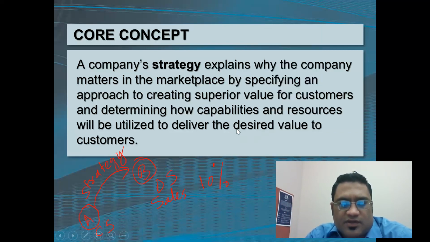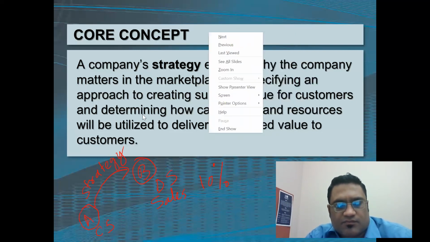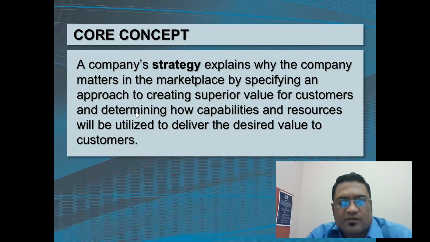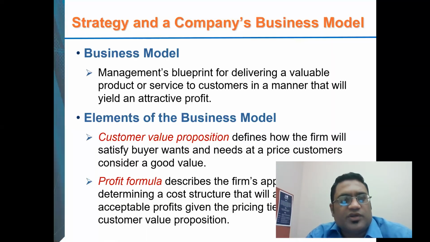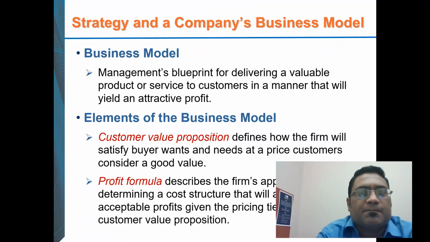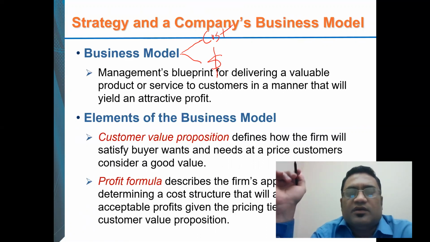Let's go to the next slide. Okay, so here's some more definitions. The next concept you can see is business model. A business model has two components. One is customers, and the other is profit.